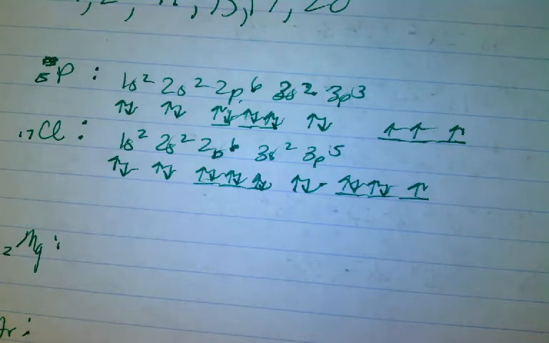Okay, remember we said 3 rules. One rule is I have to have 2 arrows per orbital, right? The second rule is I hand my electrons out evenly. So I'm going to put an arrow here, an arrow here, and an arrow there. And I have 4, so then I'm going to go back and put that one there.